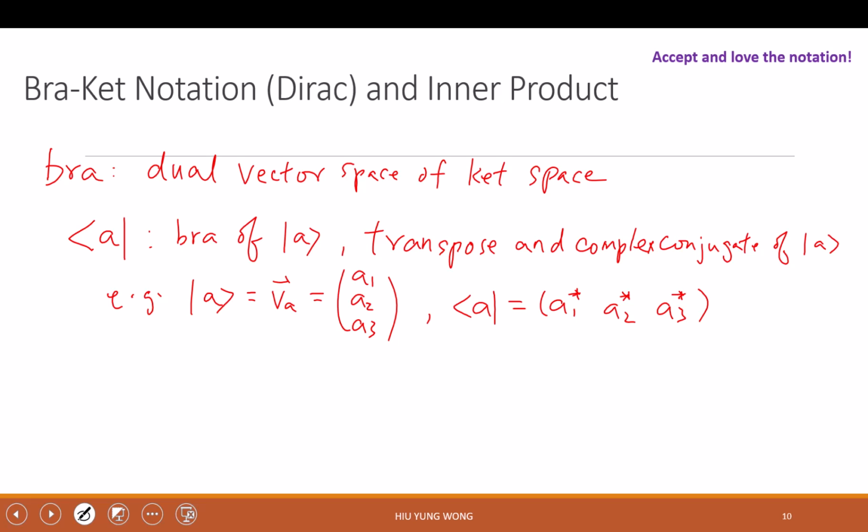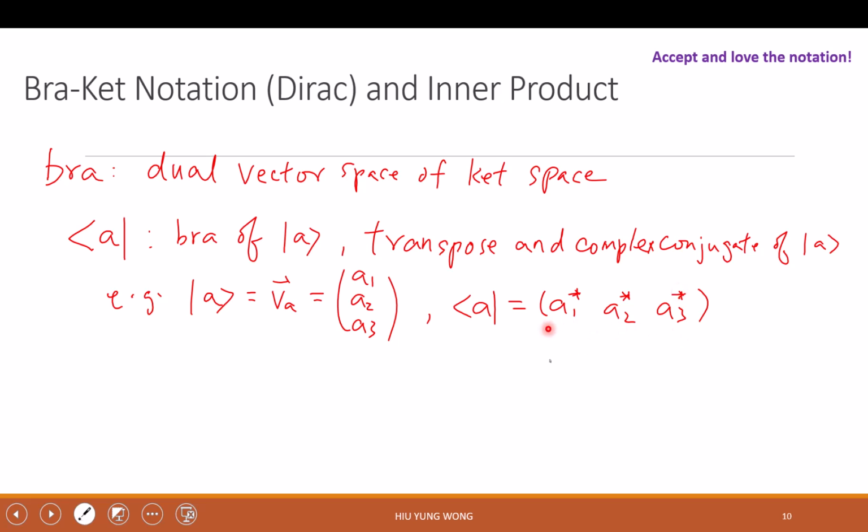Okay? So when I give you a vector, you can write it in the column form. Then its bra version is just the transpose complex conjugate. Okay, so you just rotate it anti-clockwise 90 degrees and add the complex conjugate to it. That is the bra of A. Now, do you recall something?